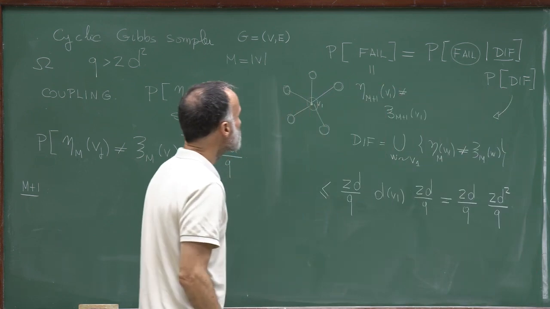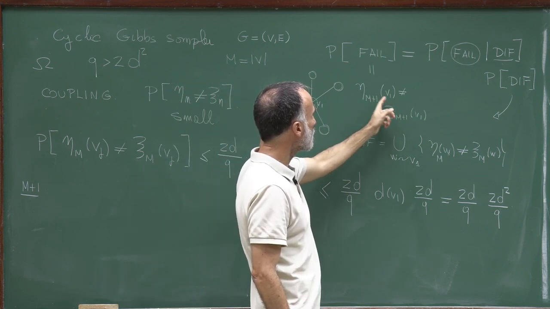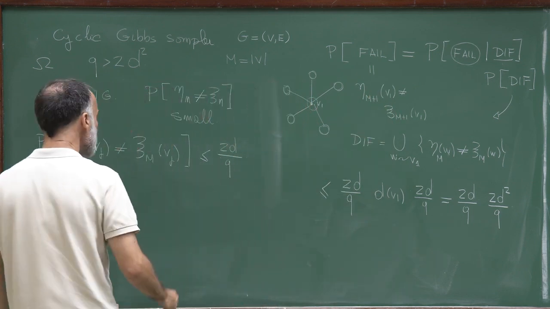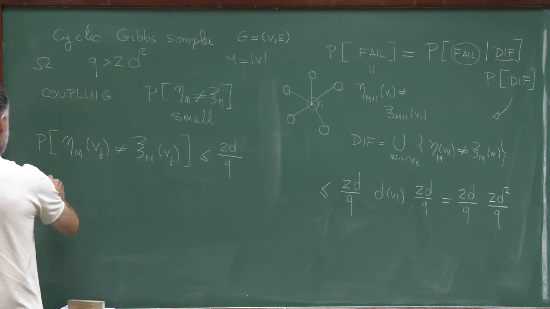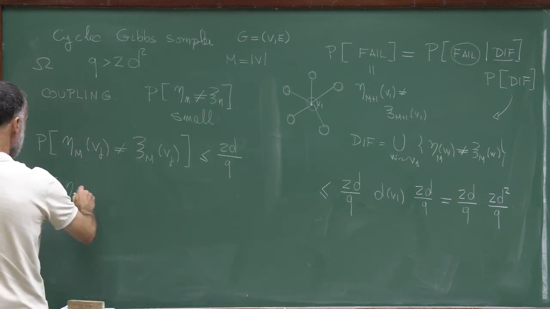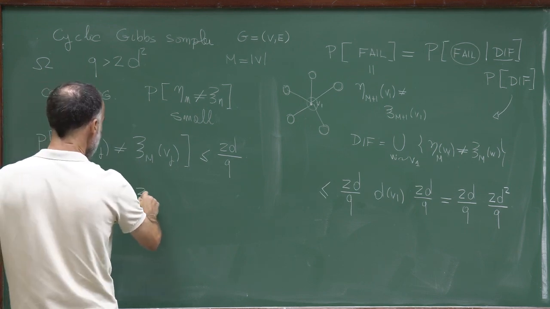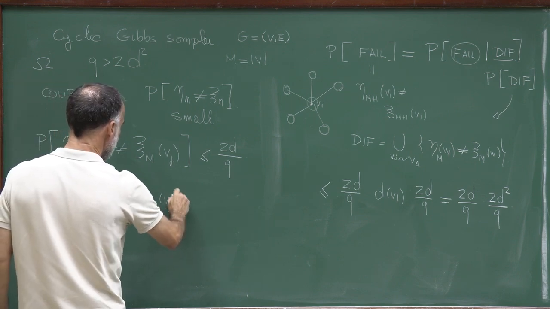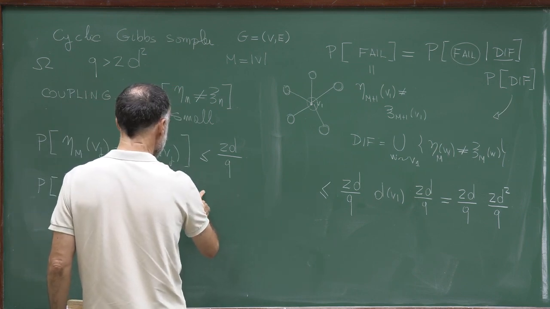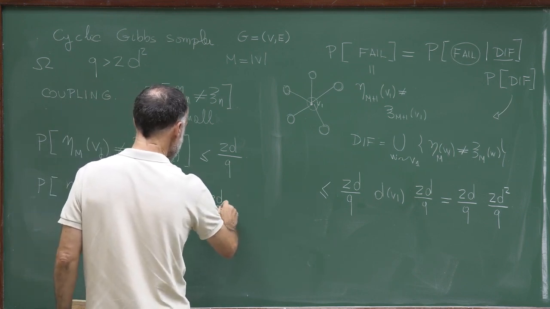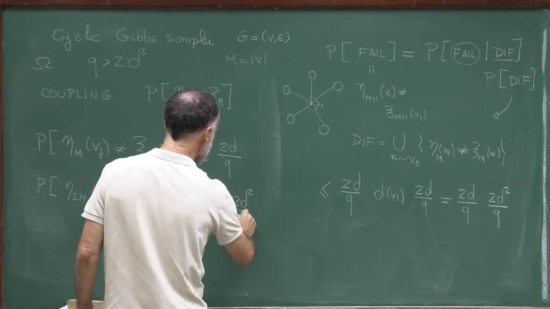Right? So this is the probability that at time m plus 1, the colors at v1 of eta and psi differ. So instead of getting this, what I get is that at time 2m, the probability that they are different is not bounded by this quantity, but now it's bounded by 2d divided by q times 2d squared divided by q.